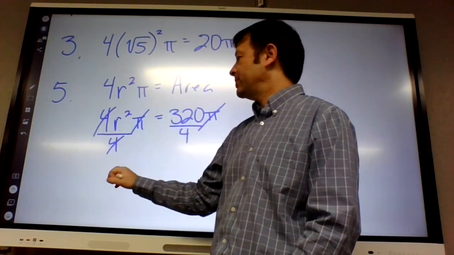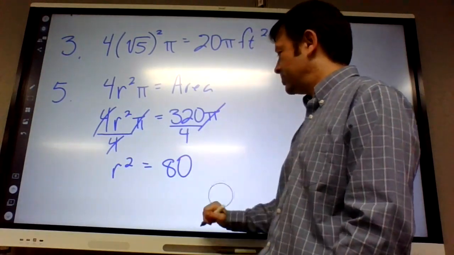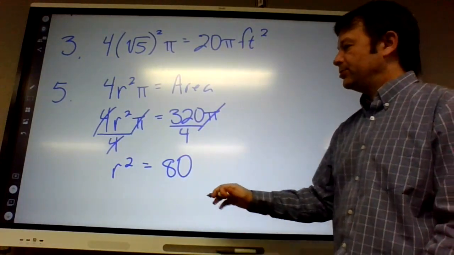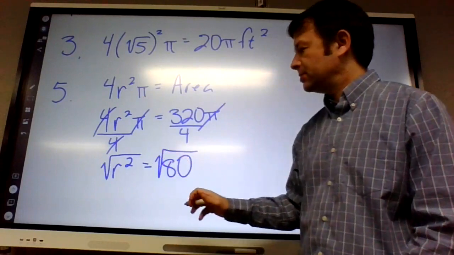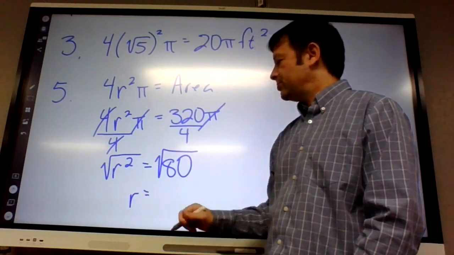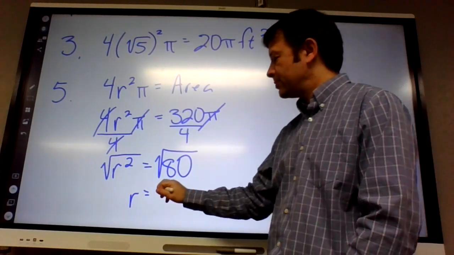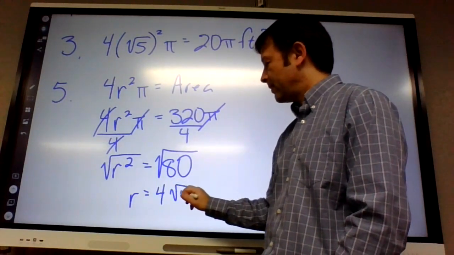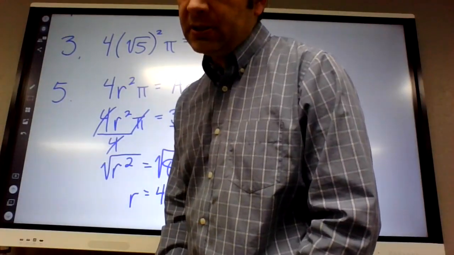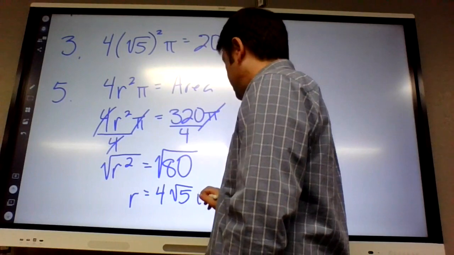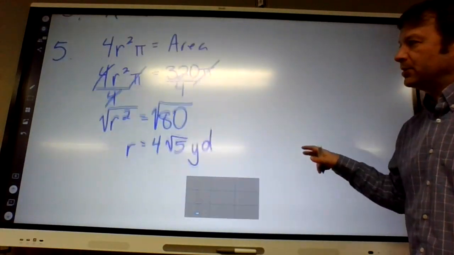So that goes away. We get r squared equals 80. Then what? Square root it, to get rid of the r squared. The square root of 80 doesn't come out very nicely, but it is like 4 square root of 5. This is yards, I guess. Radius is a length, so nothing is squared or anything.